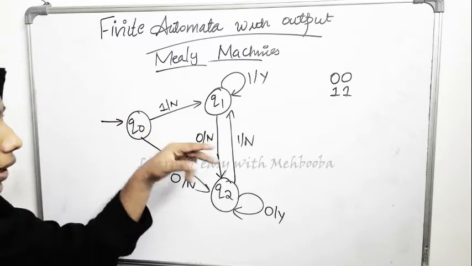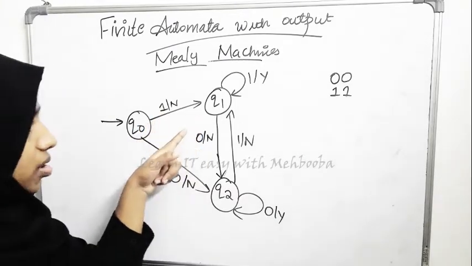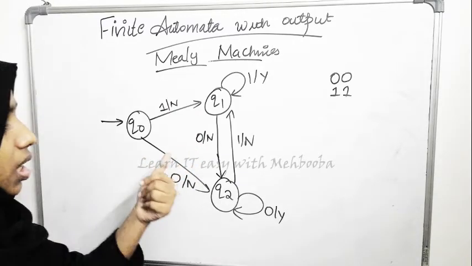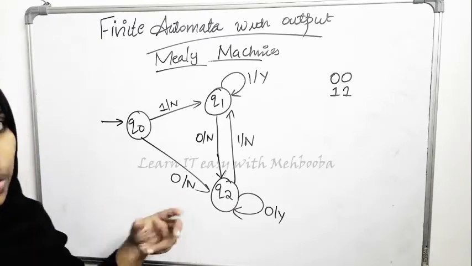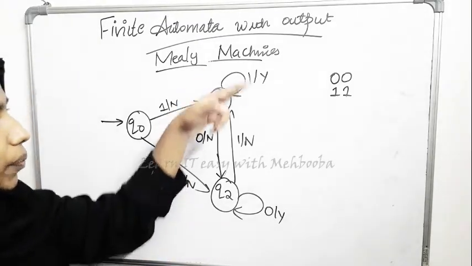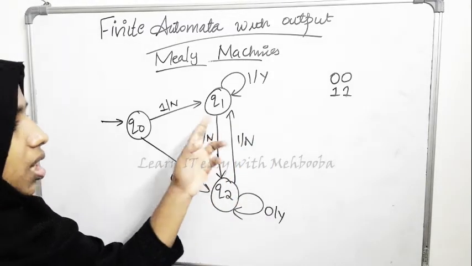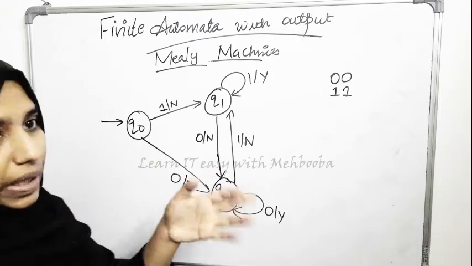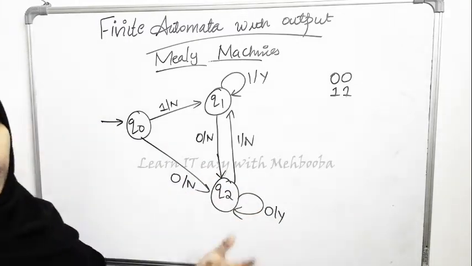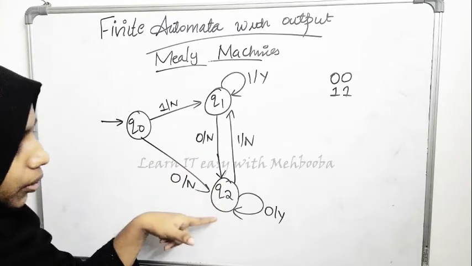I'll explain once again. When the 1 comes for the first time, that is a no, because you need at least 2 ones. Similarly, when a 0 comes for the first time, that is definitely a no, because you need at least 2 zeros. Now when more ones come, that is a yes, because multiple ones still end with 2 ones. When a 0 comes at this point, that is a no, because you need one more 0 to say that it ends with 0 0. So you will be directed to this point.